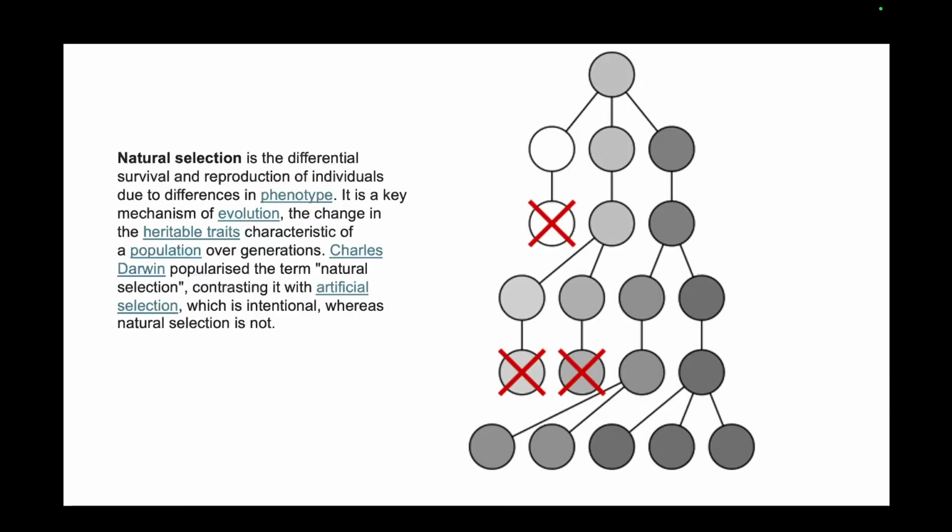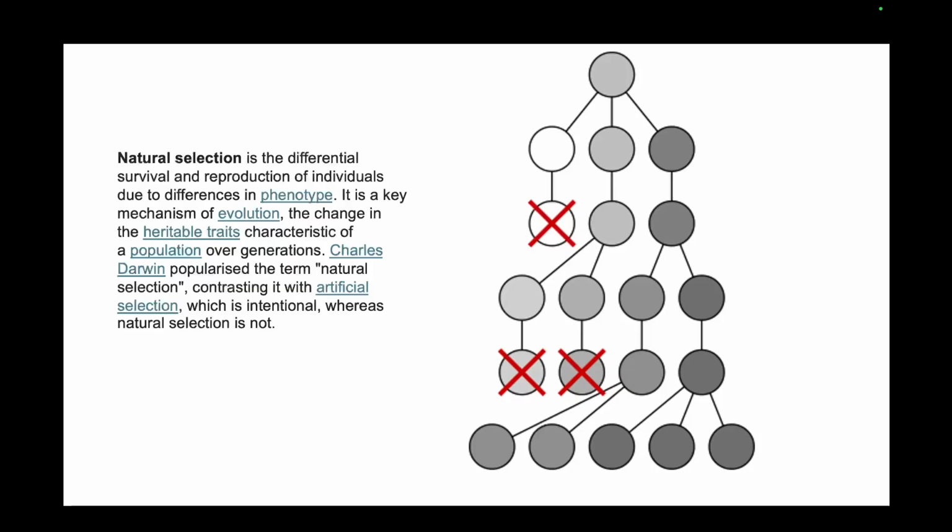So after studying all this, what is actually natural selection? The idea of natural selection is that, through randomness, these mutations and variations in the genome are introduced, but not all of these variations will be useful, right?